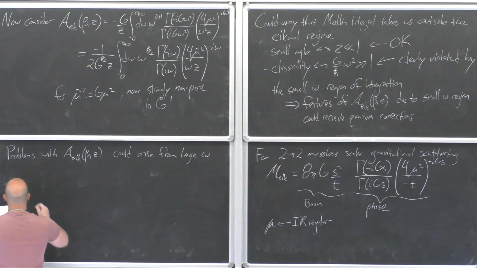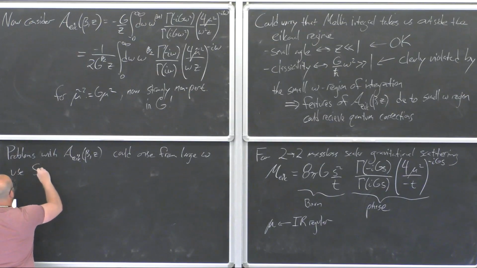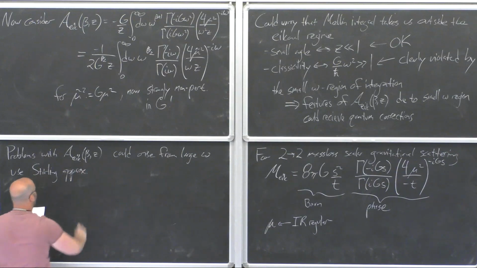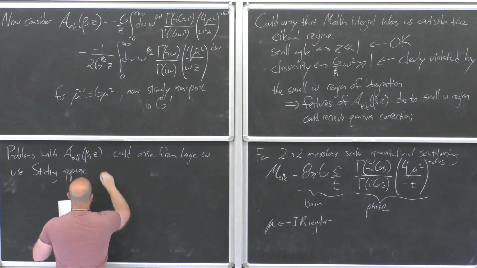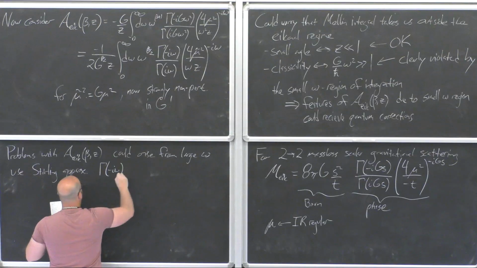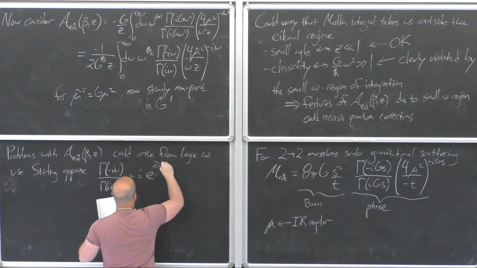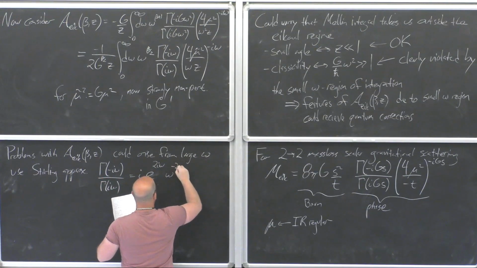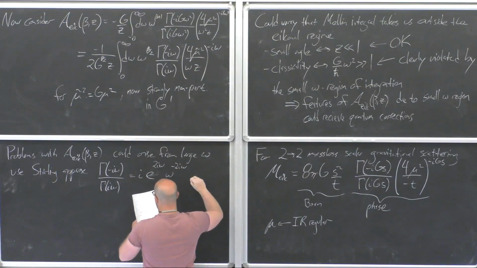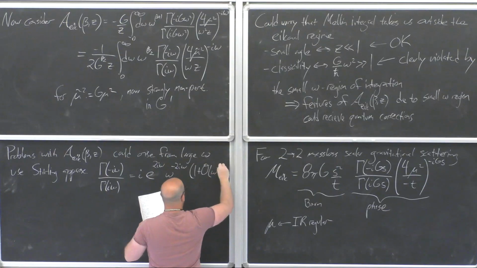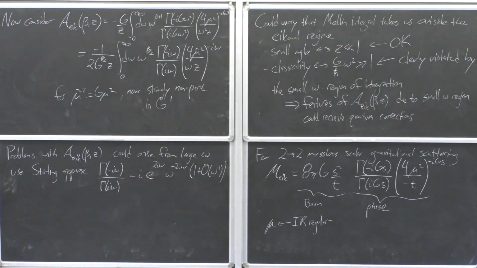So use the Stirling approximation on the gamma functions, and you'll find that this ratio, gamma of minus i omega over gamma of i omega, is equal to i e to the 2i omega, omega to the minus 2i omega, times 1 plus a correction of order 1 over omega. So this is just a consequence of Stirling's approximation for the gamma function.